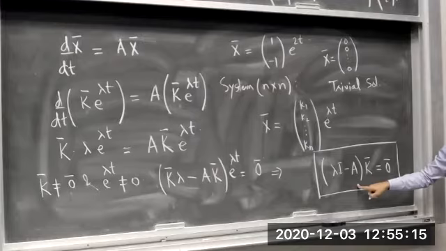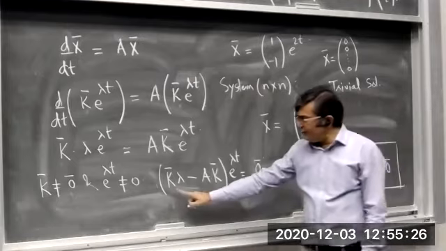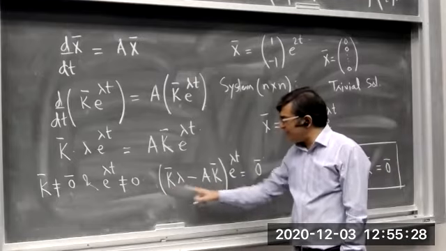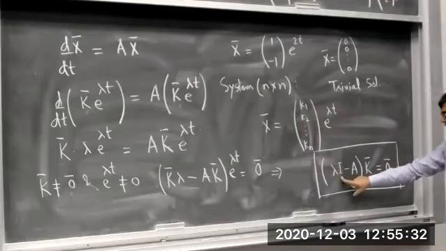Now, what is this? This is an equation which has lambda I minus A. Why did we write I here? When we took k common from this equation, why did we write I?